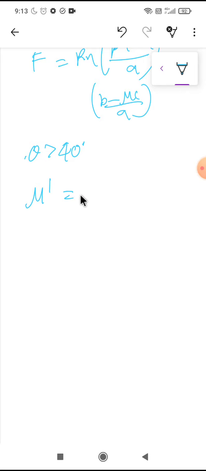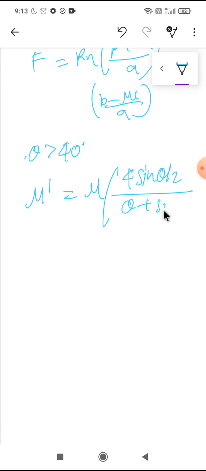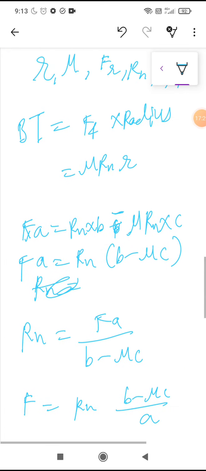So mu dash can be given as mu into 4 sine theta by 2 divided by (theta plus sine theta). This is the formula for band brakes.